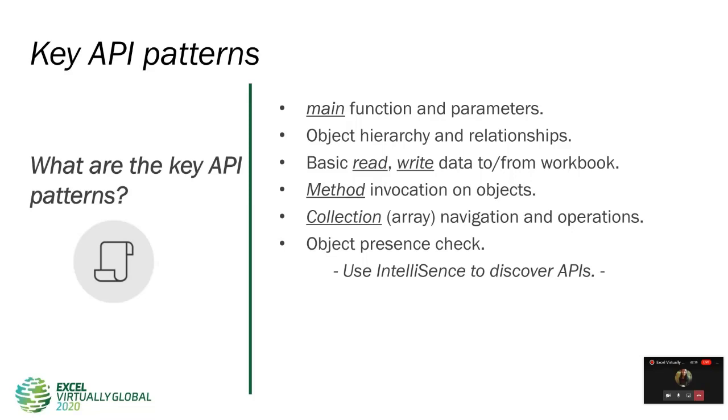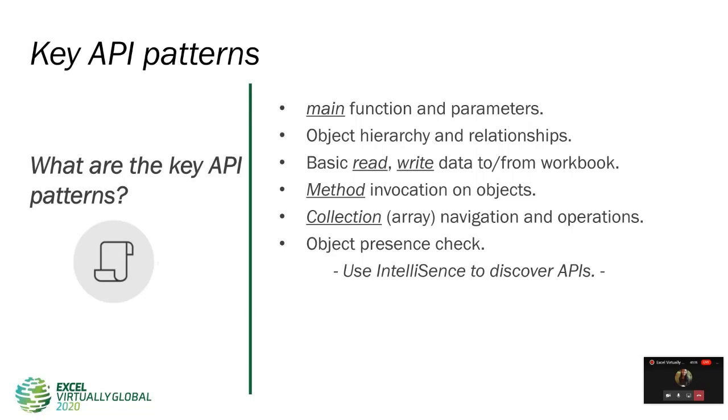And then the workbook object that the main function receives is at the top of the object hierarchy. There are APIs that allow you to read and write, such as range values or chart title or table header row. So this is a set of read-write operation APIs using which you can manipulate and read.